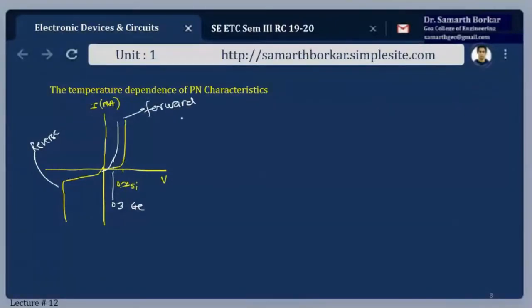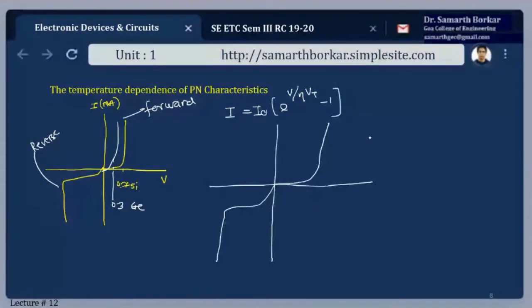So we have the equation I equals I naught e raised to V by n times Vt, minus 1. We will consider a silicon diode, say at 25 degrees Celsius. This is the experiment carried out at 25 degrees Celsius.